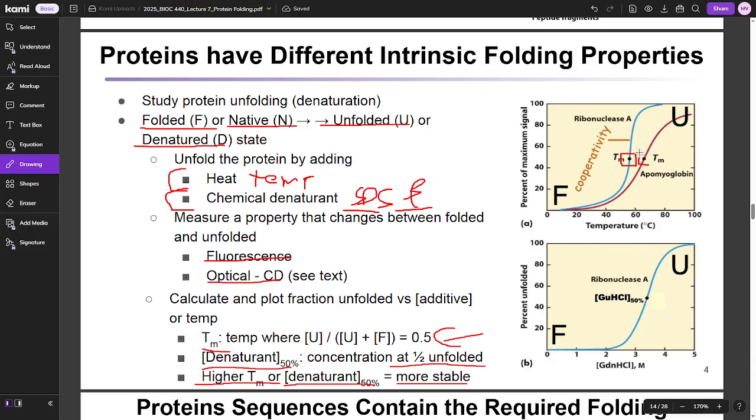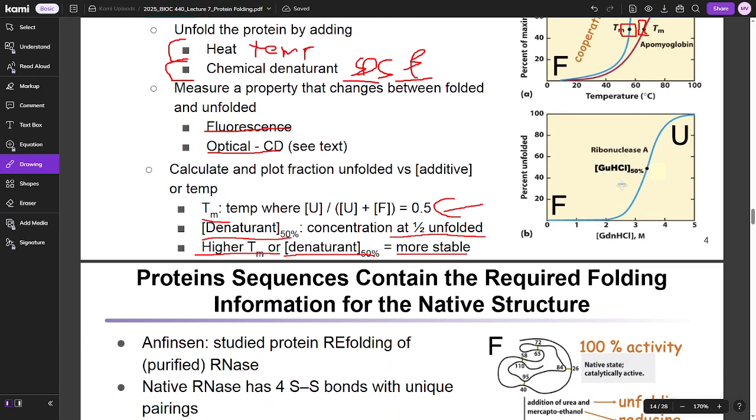But this one is around 65, 70 maybe, right? So the Tm is very important, right? If you look at this, this protein here doesn't unfold till around, I want to say 3.4-ish concentration of guanidinium chloride, right? So this is something I actually did talk about in my exam review as well for exam 1. There's a question about this, so just keep that in mind.